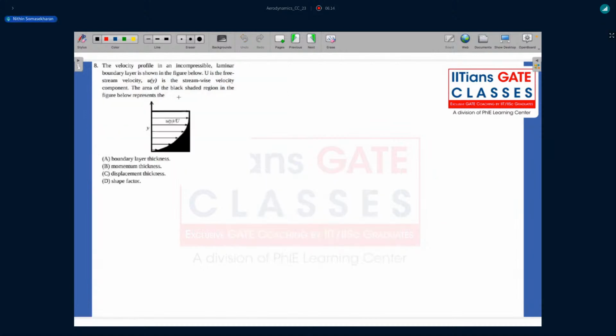Moving ahead. So in this question, what they're asking is the velocity profile in an incompressible laminar boundary layer is as shown in the figure below. So they're showing a velocity profile by capital U, which is your velocity profile divided by the free stream velocity along the vertical distance.